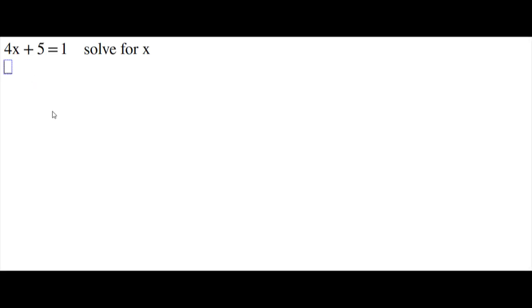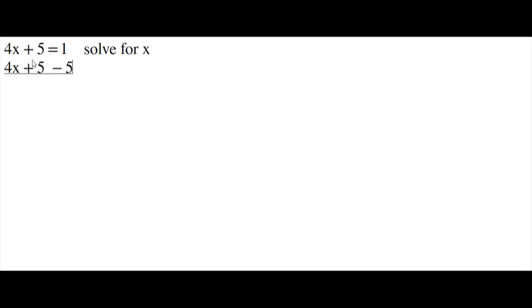So how you go about this is you pretty much have to simplify it down in steps. What I'm going to do here is write 4x plus 5, but you want to simplify it down. So I'm going to go ahead and subtract 5.